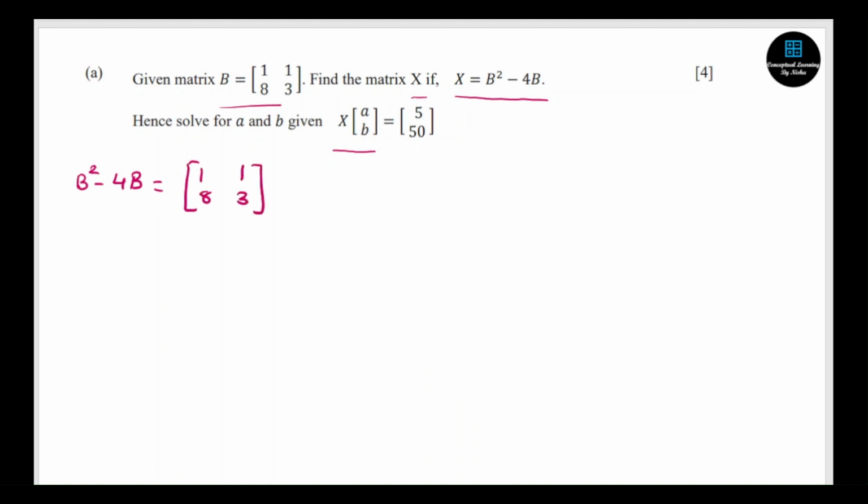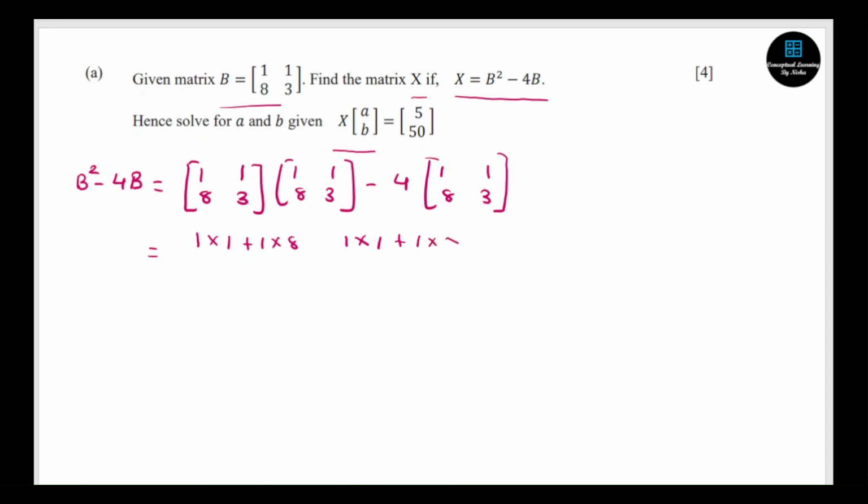[1 8; 1 3] times [1 8; 1 3] minus 4 times [1 8; 1 3]. Alright. And now when I multiply, first row, first column, 1 into 1, 1 into 8, 1 into 1 plus 1 into 3.